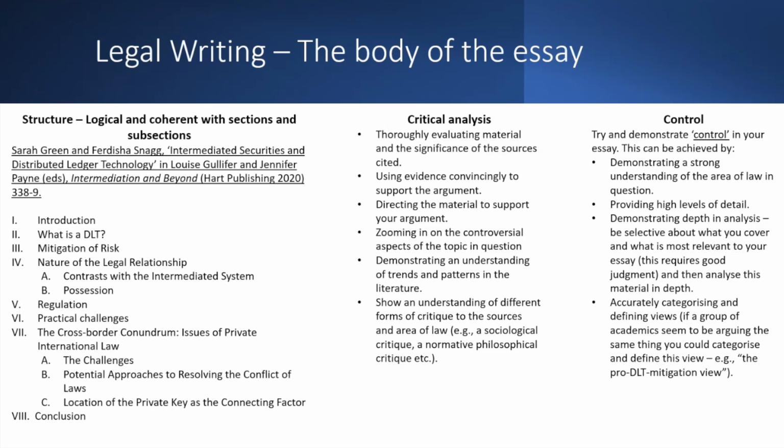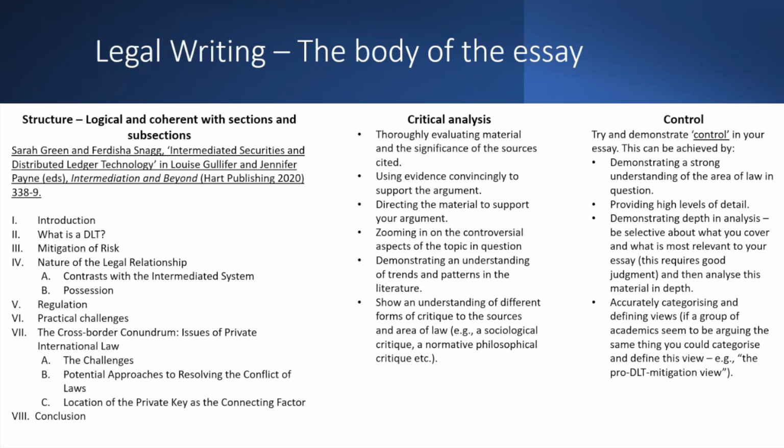So generally in the literature, there will be trends and patterns, such as there might be a body of academics who generally agree, there might be some who disagree, but within that division, you will have subsets of approaches, of theoretical approaches to a certain legal issue or approaches and opinions.